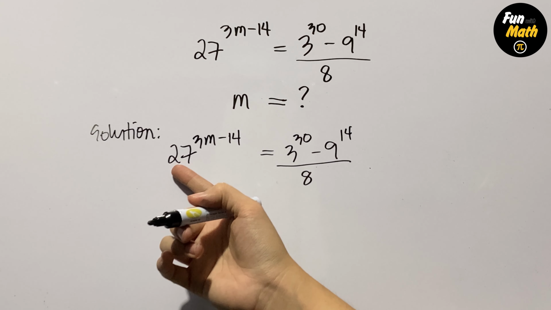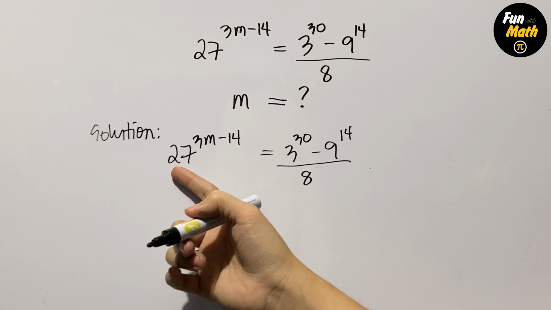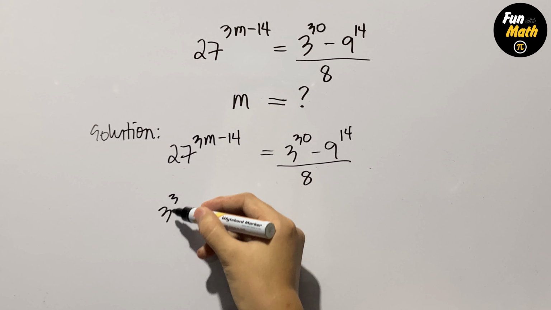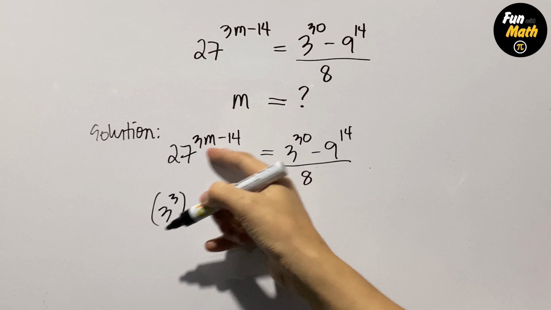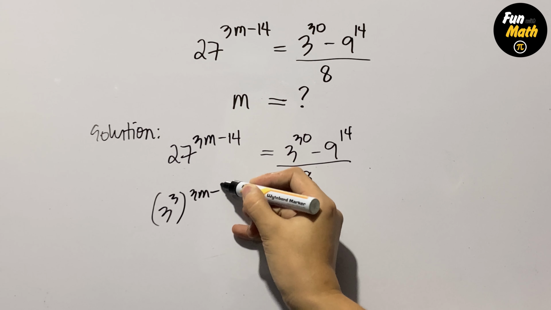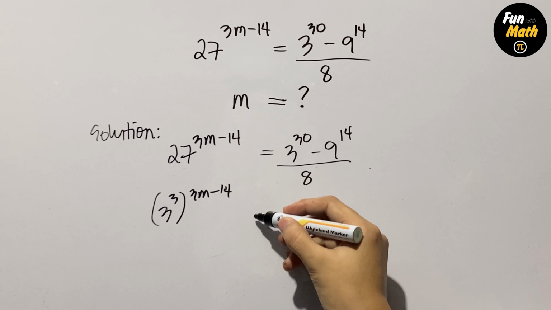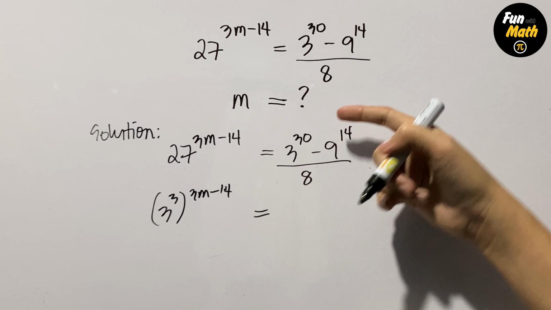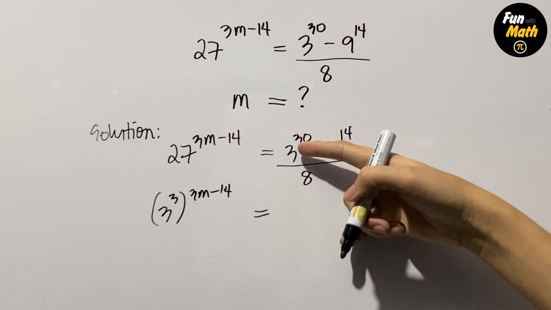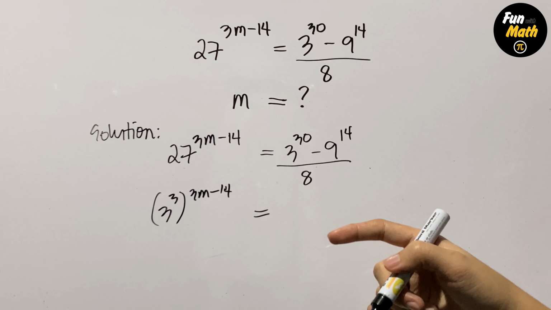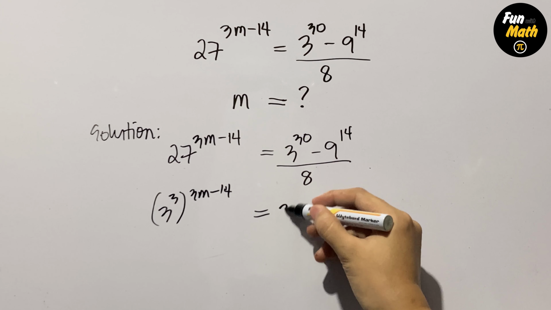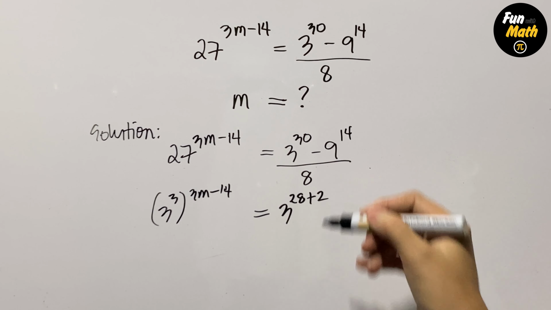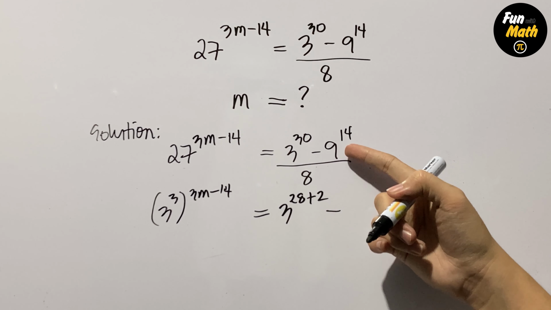Now for this 27, let's write it in terms of 3. So that is 3 cubed all to the power of 3m minus 14 equals 3 to the power of 30. The power of 30, we can split that into 28 plus 2. So that is 3 to the power of 28 plus 2 minus 9 to the power of 14.